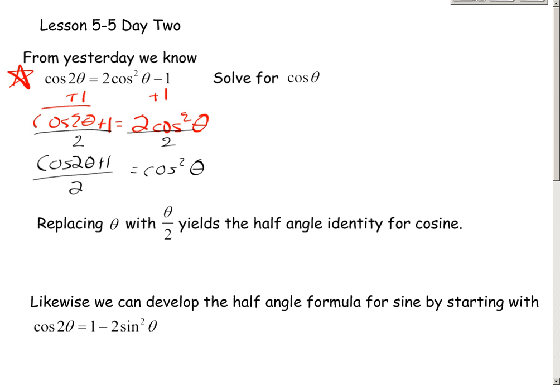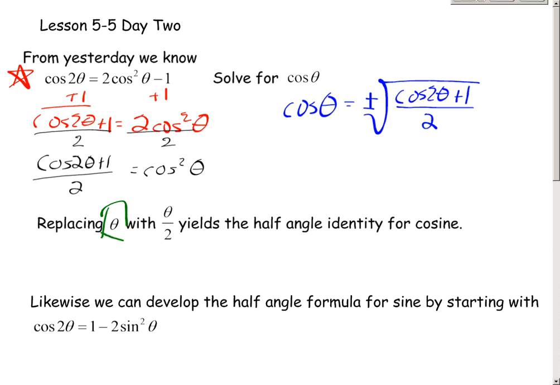Remembering, of course, that when we take the square root, we have to put in that plus or minus. I'm going to switch sides of the equal sign here and write it as the cosine of theta equals plus or minus the square root of cosine 2 theta plus 1 all over 2. Okay, we're going to make one more change there, and that is to replace theta with theta over 2 in both places.